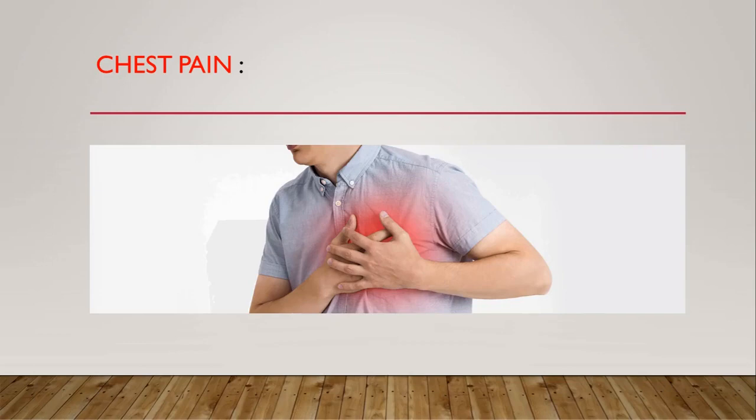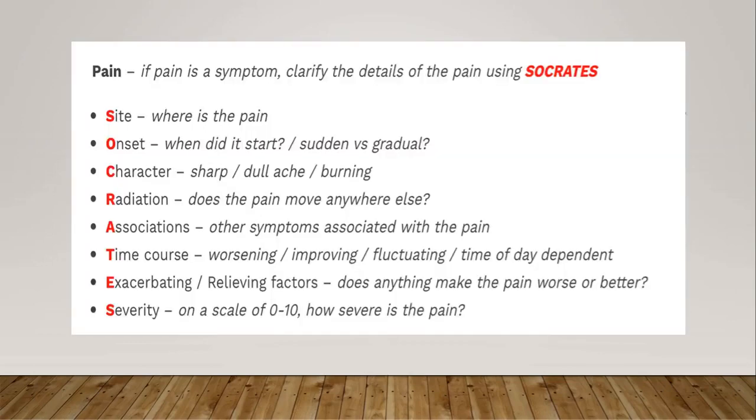The third symptom is chest pain. In any case with a history of present illness of pain, we have to clarify the details of the pain using SOCRATES. Site: where is the pain? Onset: when did it start, sudden versus gradual? Character: sharp, dull, aching, burning, stabbing, heavy, tightness.